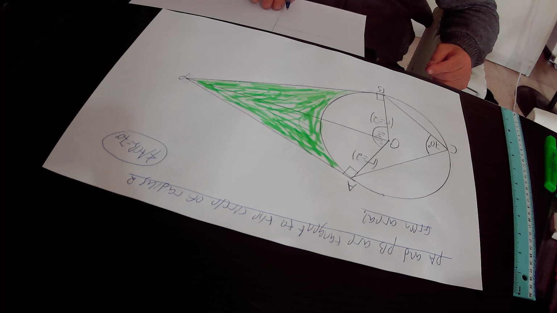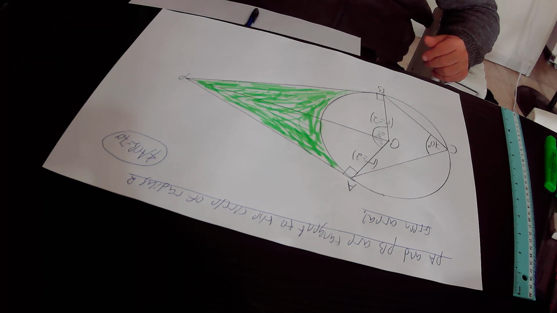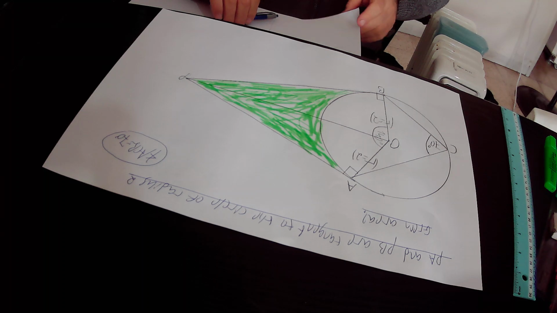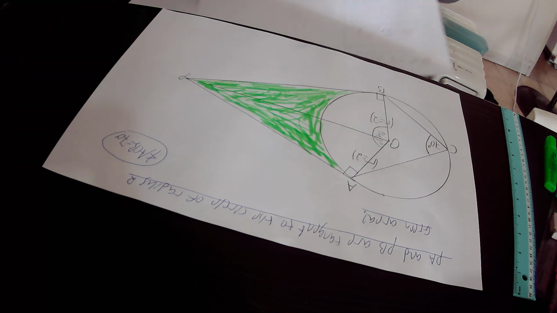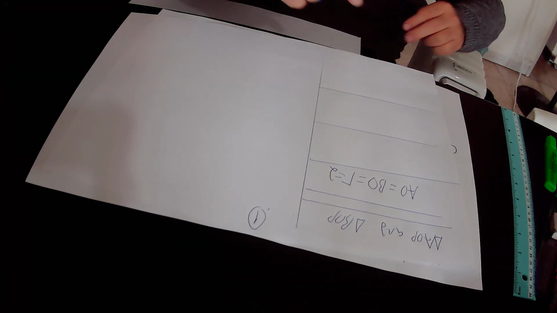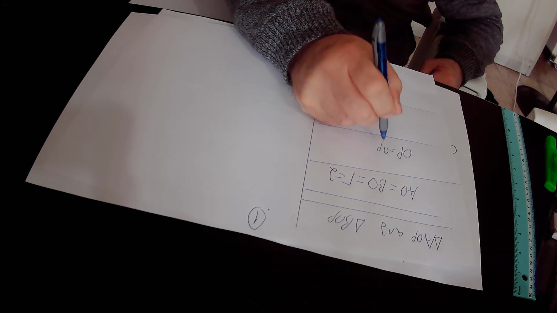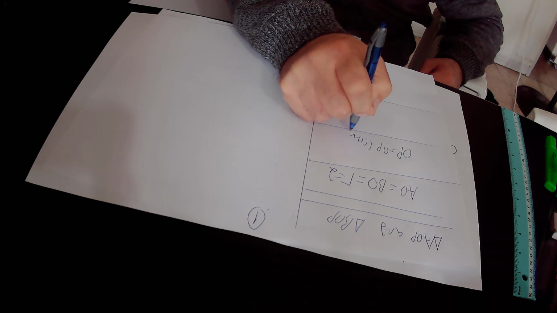In addition, we have side OP, that is a common side, it belongs to both triangles, so I know that OP equals itself. It's a common side, it belongs to both triangles. OP equals OP, it's a common side.